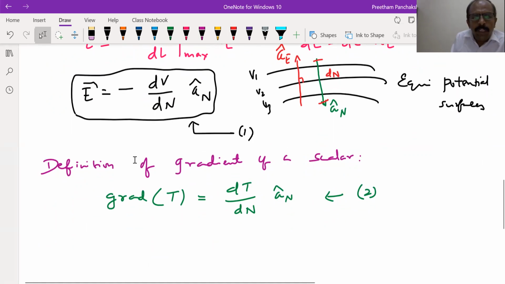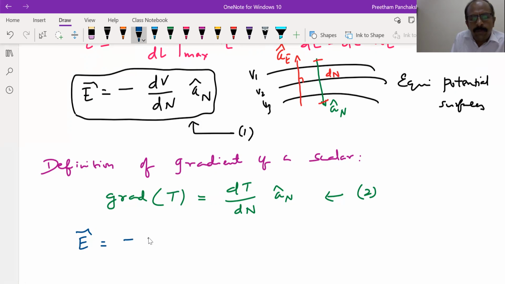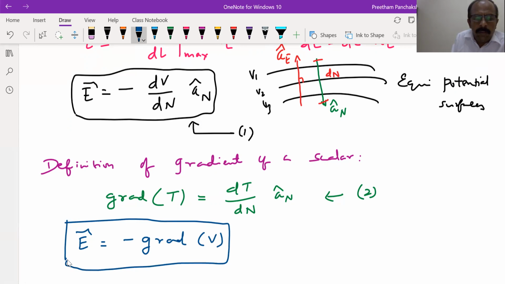So from equations 1 and 2, we can write that E is equal to negative gradient of potential. Mathematics says that any scalar quantity, that is t, can produce a gradient provided it has partial derivatives.